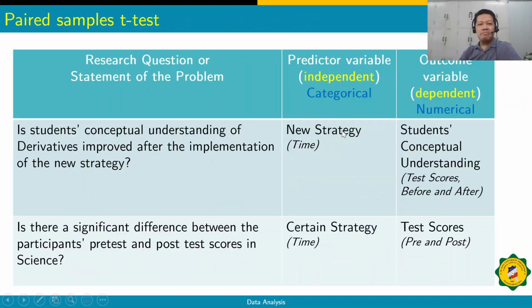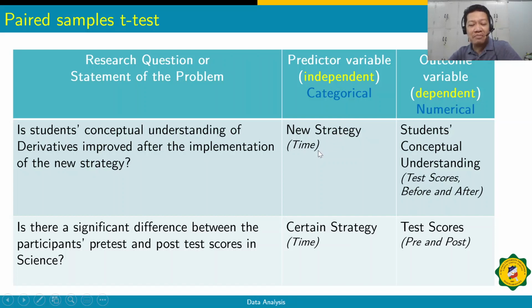Let's proceed to the paired samples t-test. For a research question, or what we call SOP, is students' conceptual understanding of derivatives improved after the implementation of the new strategy? So our independent variable here should be categorical, and our dependent variable should be numerical. So our independent variable here is the new strategy.